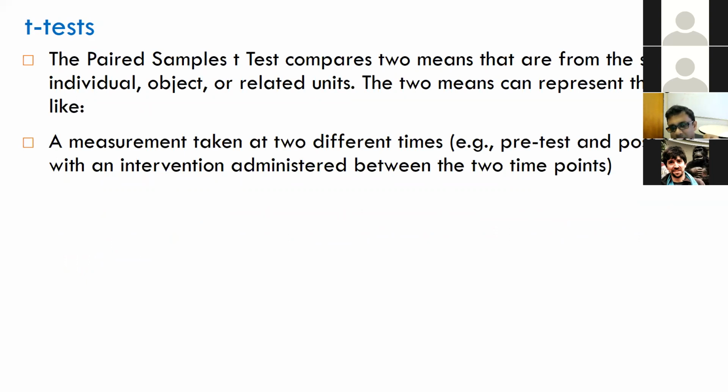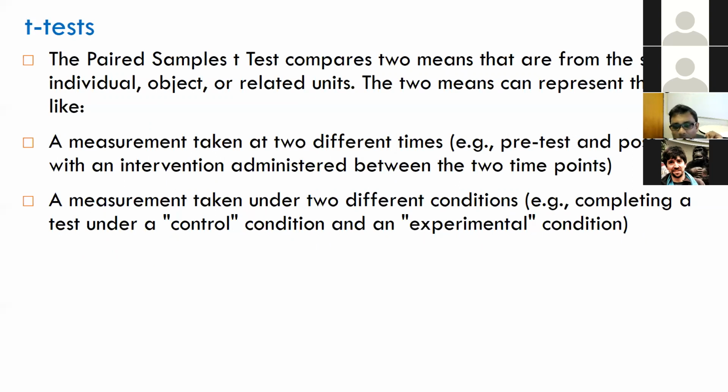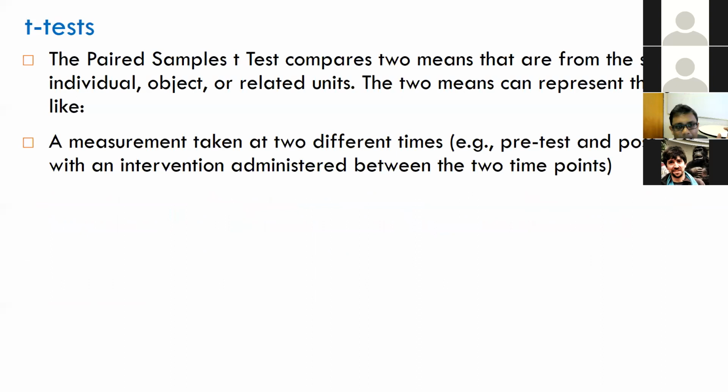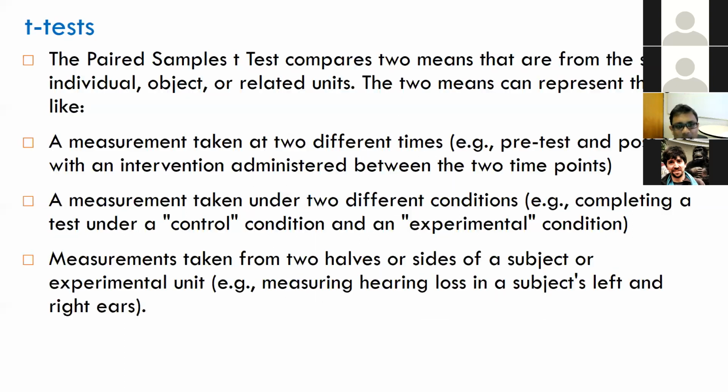You measure the same person, that's paired. So one important thing you need to understand is that if you have one sample, paired samples, or two samples, then you can use t-tests.